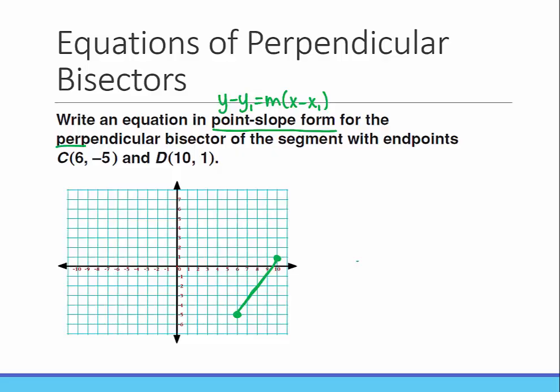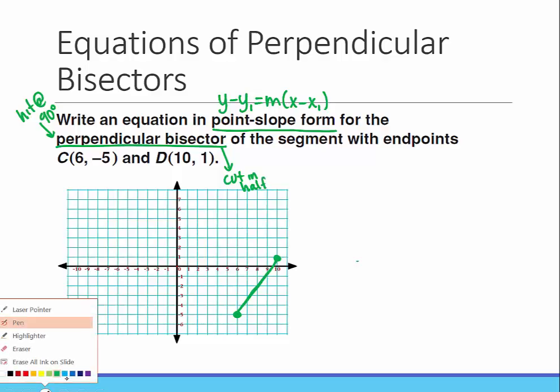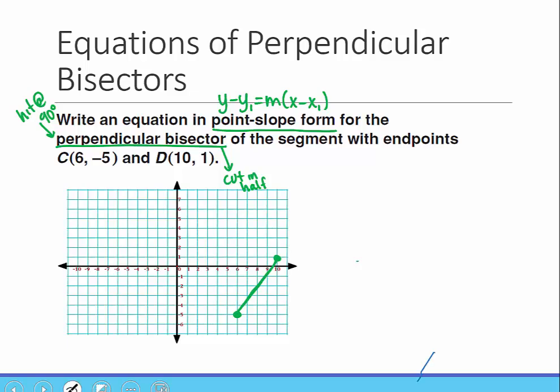So the perpendicular bisector means two things. It has to hit at a 90-degree angle, and it also has to cut this in half. So the first thing we can do, and it doesn't really matter the order, is let's find the halfway point.